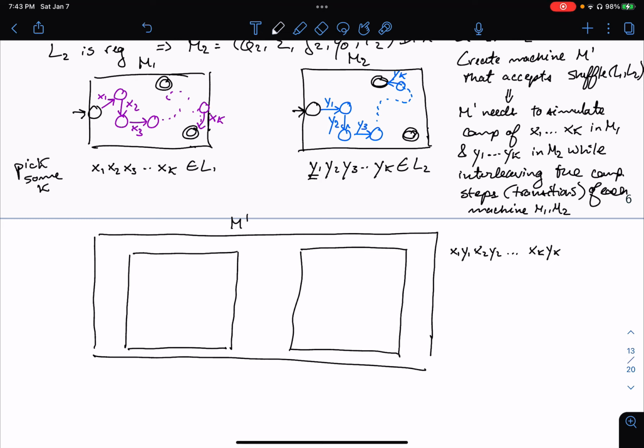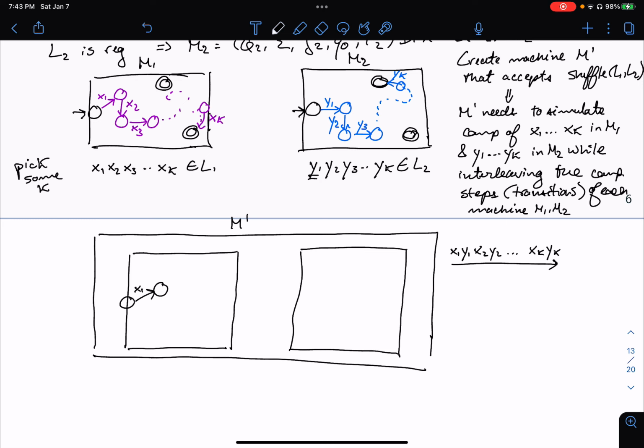And the x1 to xk and the y1 to yk have to be in L1 and L2, meaning that they have to be accepted by M1 and M2 respectively. So M prime has to actually read through this string. M prime will read the first x1.